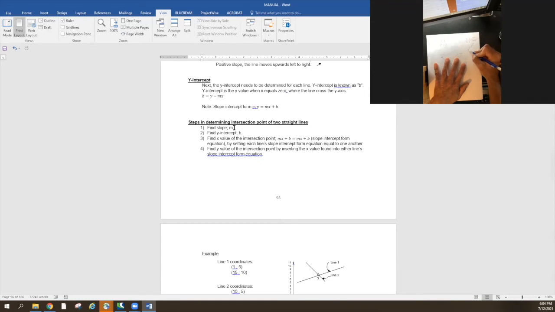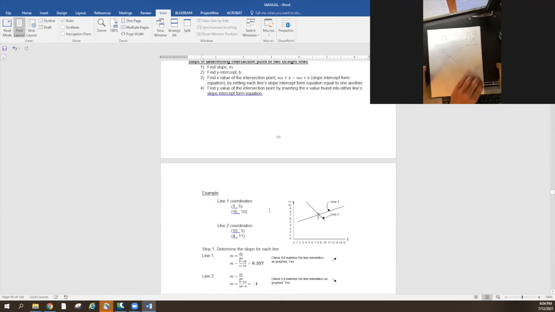This line right here will have a slope based on those rises and those runs, okay? So the change in y, which is the change in elevation or northing, divided by the change in how far that staircase is, that'll give us the slope. And it simply is delta y divided by delta x.